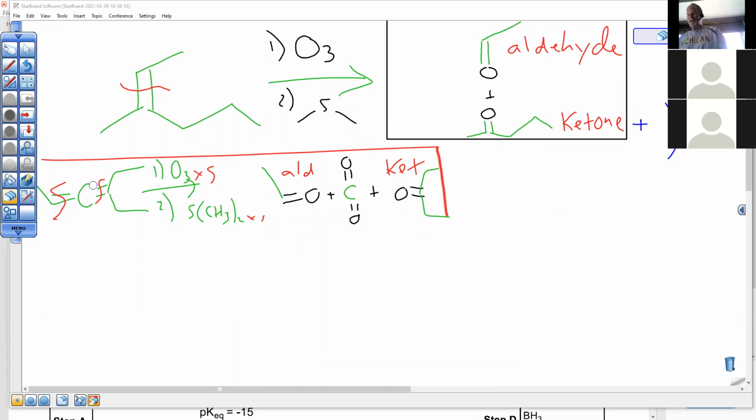Start on the right. You cut it there, you get a new double bond oxygen on the right. So just don't treat it like it's a different thing at all. It's always the same. Every time you see an alkene, cut it, carbonyl on each side of the former alkene. Okay. All righty.